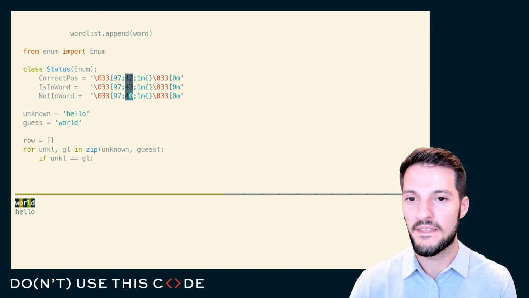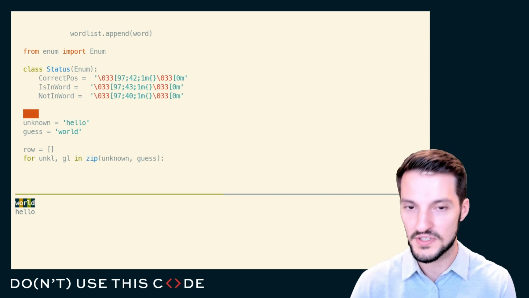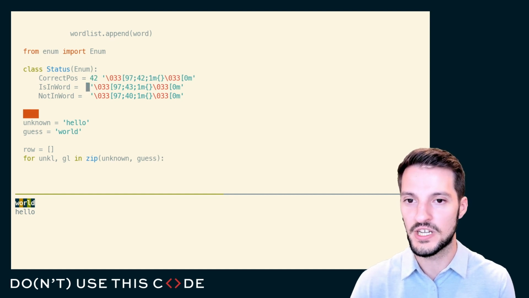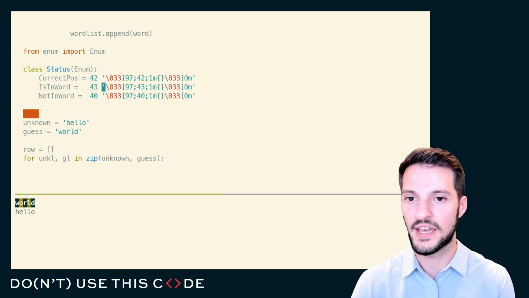And so if I wanted to just have my enumerables refer to those 3 values, 42 for green, 43 for yellow, and then 40 for dark, I can do that.